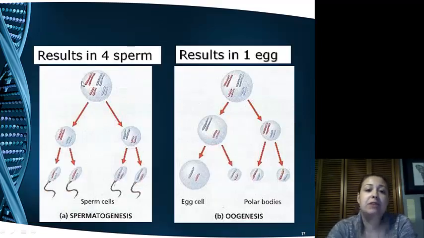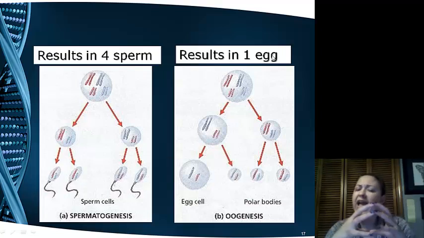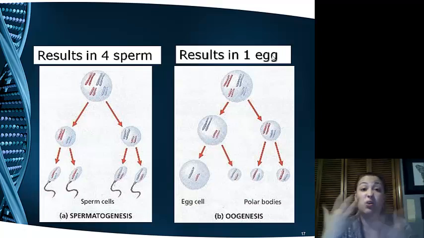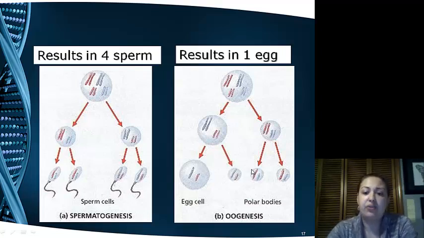So when we're talking about meiosis of sperm cells, we end up with actually 4 sperm cells. For an egg, which houses all the organelles and the things that the cell will need, we actually create 1 egg cell and 3 polar bodies. Now these polar bodies are discarded, and they actually break down and provide nutrients and supplies back to the organism.